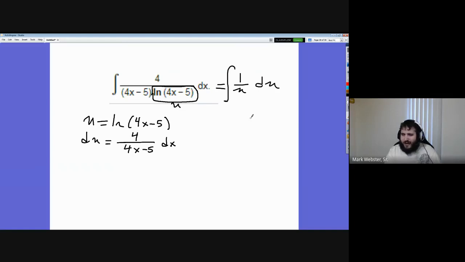And what's the integral of that? Well, we don't have any kind of, so we're stuck going back to dx. So this is going to look hilarious. I love it. The natural log of the absolute value of 4x minus 5, plus c.